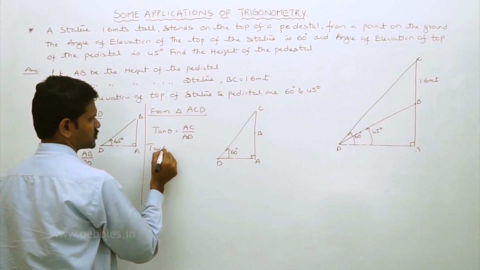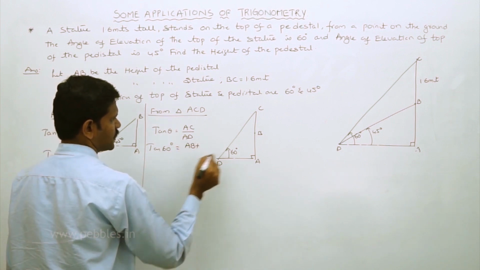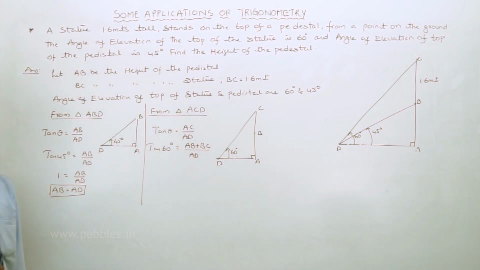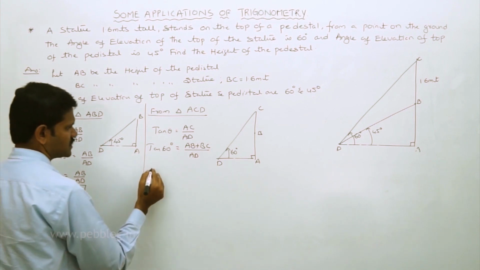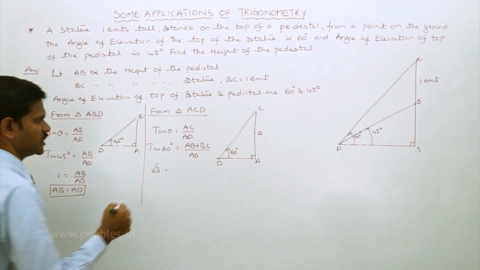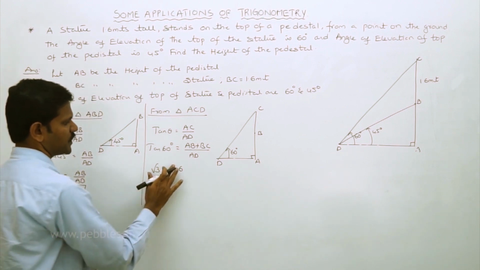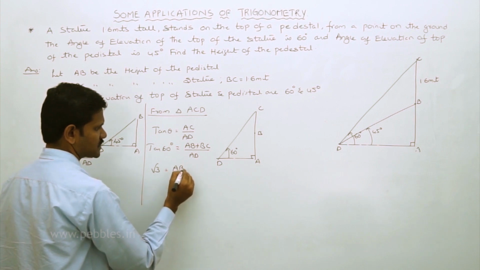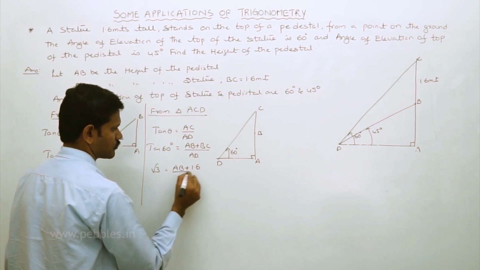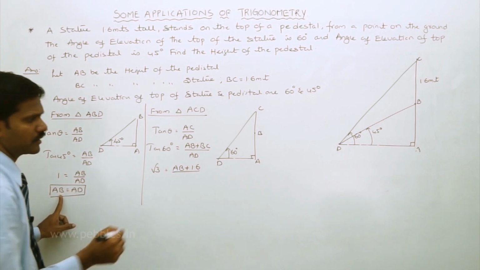Tan 60 degrees is equal to AC, which can be broken into two parts, AB plus BC, by AD. Tan 60 is equal to root 3. BC value is 1.6, AB value we have to find out. So AB plus 1.6 by AD, which is nothing but AB.